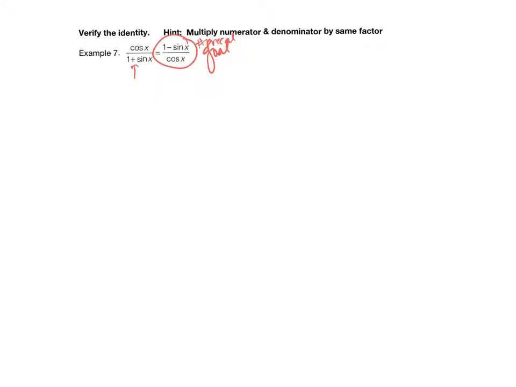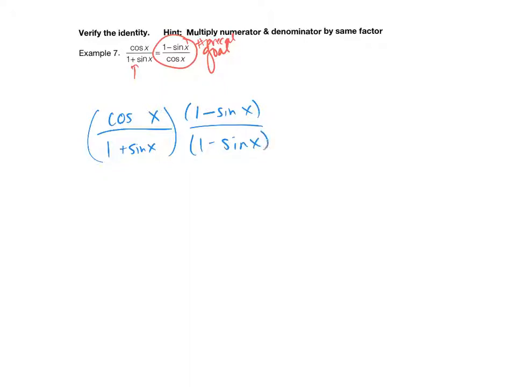Well, let's see. I don't think multiplying by cosine of x over cosine of x is going to help. All right, so we're going to see if I can multiply this whole thing by 1 minus sine x over 1 minus sine x.